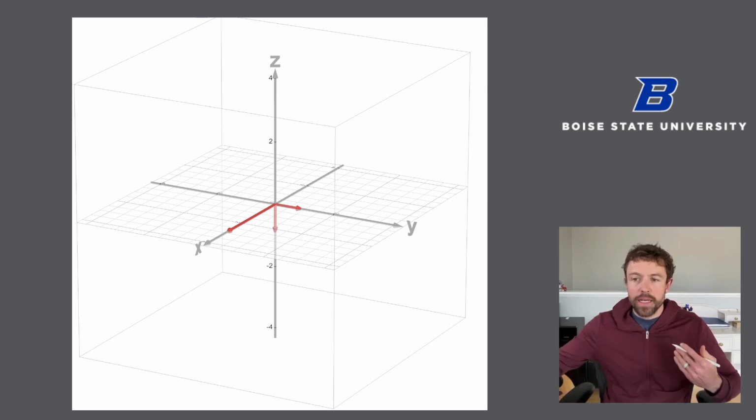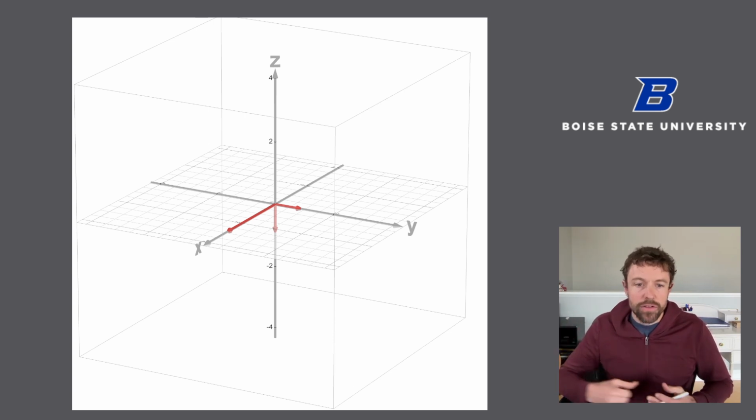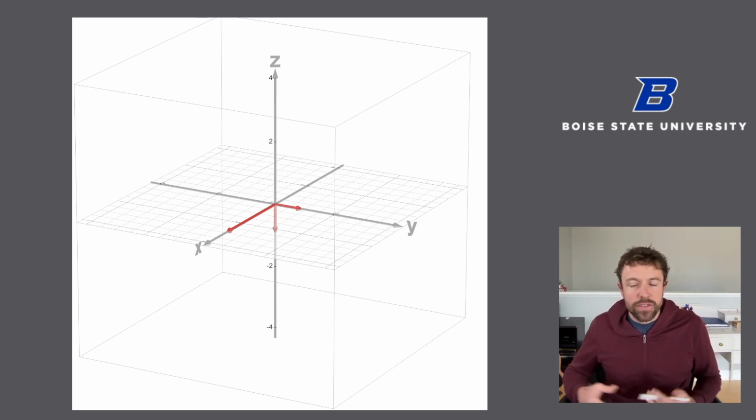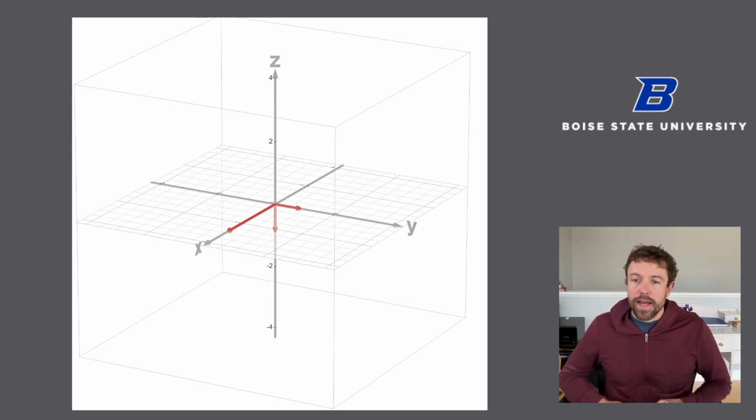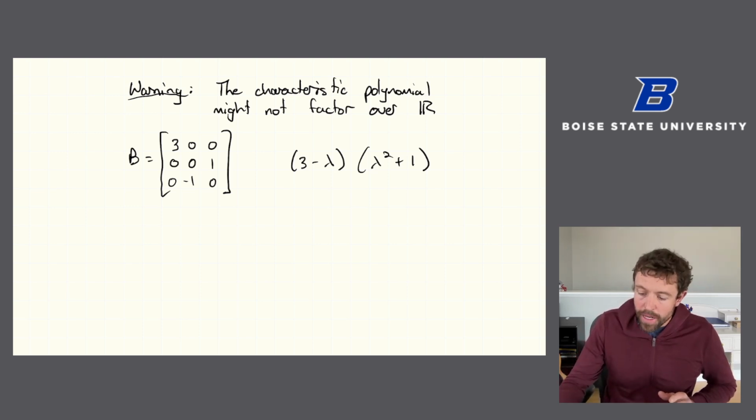So we're expanding in one dimension and we're rotating around the other 2 dimensions. And you can convince yourself, if you think about it, that in that situation, the only eigenvectors are vectors lying on the x-axis. So we might have a characteristic polynomial that doesn't factor over R. That's not a problem. It doesn't affect our process, but we might end up with terms that don't factor over the reals.